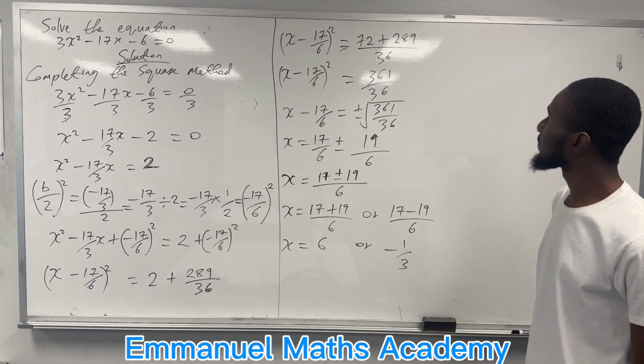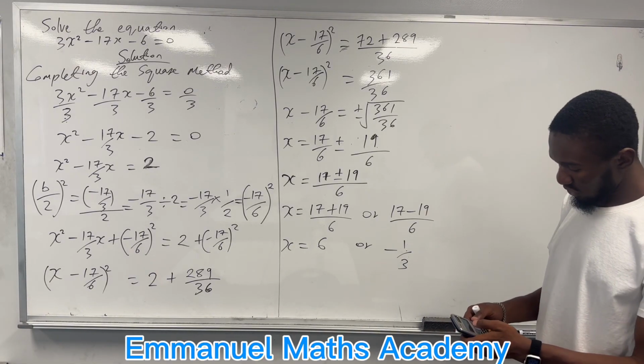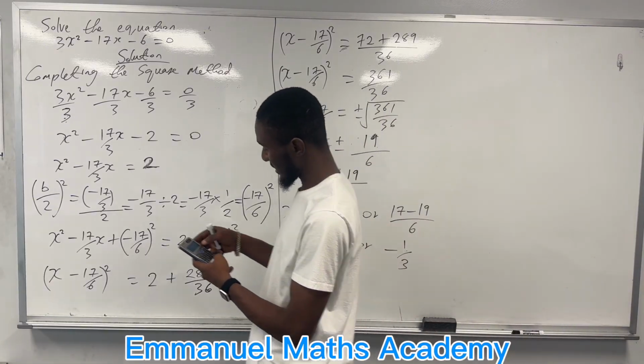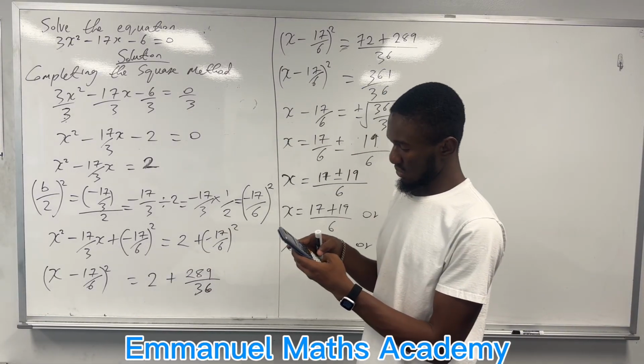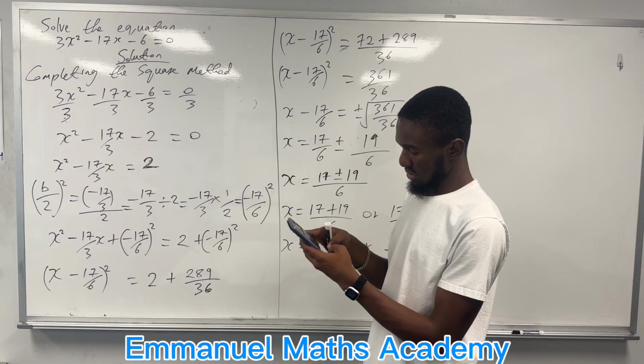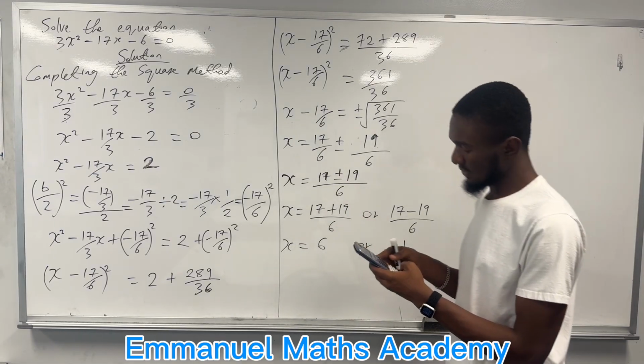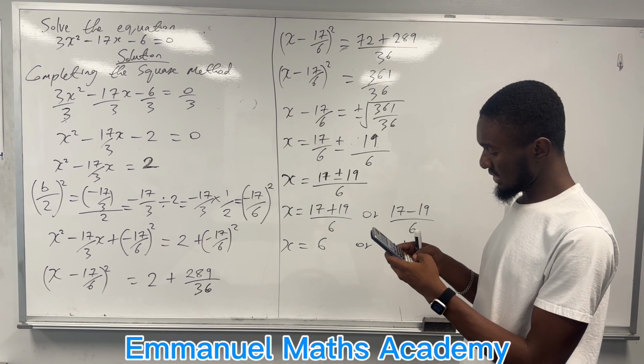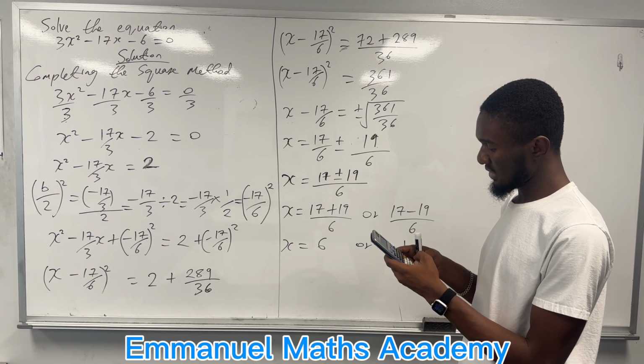First of all, let me also confirm using our calculator that this is actually correct. What's our a? Our a is 3, our b is minus 17, and our c is minus 6.